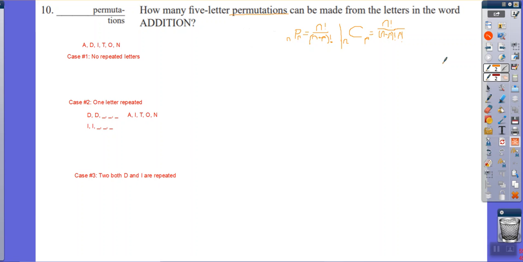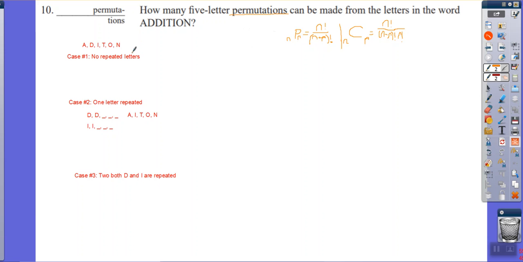To take out the duplicate combinations, that's why we have this extra r factorial in the denominator, because with objects, it doesn't matter what order you have them in, you just have those same 3 objects. So we're going to have to talk about both combinations and permutations. Obviously, with combinations, you're going to be looking at people and objects far more often than numbers and letters, because with objects, it doesn't matter what the order is, you have what you have.